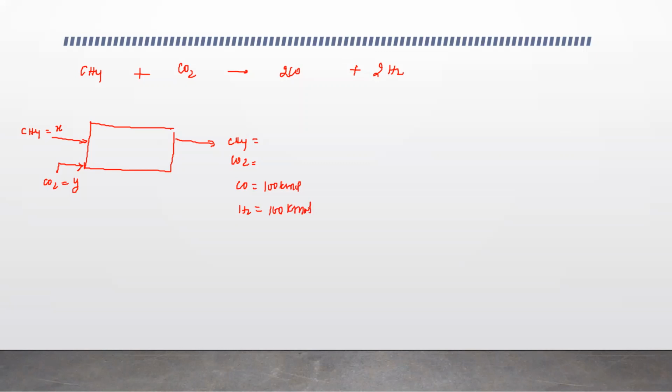All right. Then they have also given 5 kilomole of methane and 12 kilomole of carbon dioxide. All right. So now let's see how to solve this particular problem. First of all, we are going to write an equation for methane balance. Methane balance is basically methane in minus methane out is equal to methane consumed.